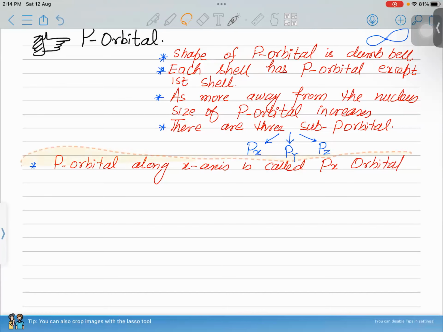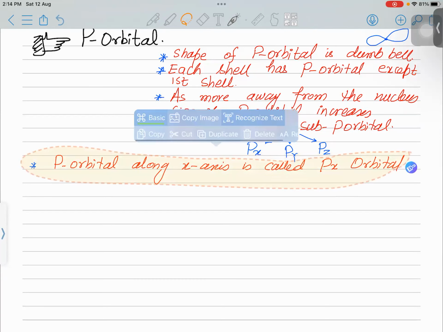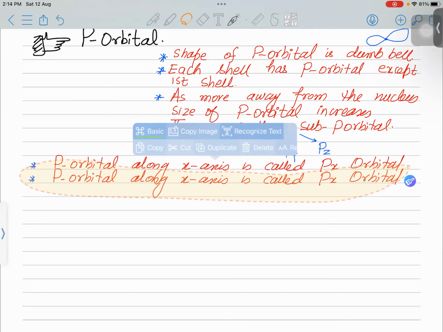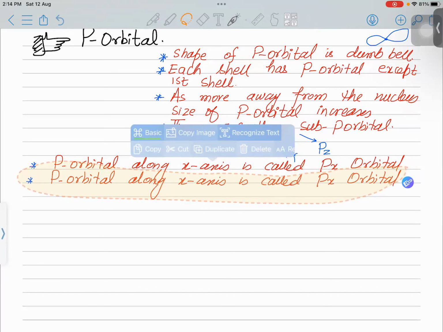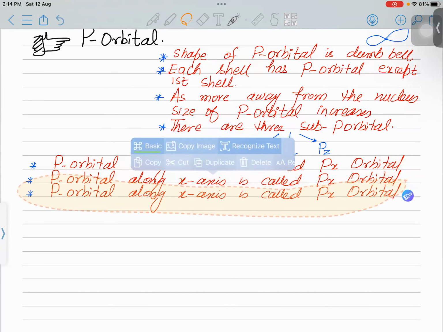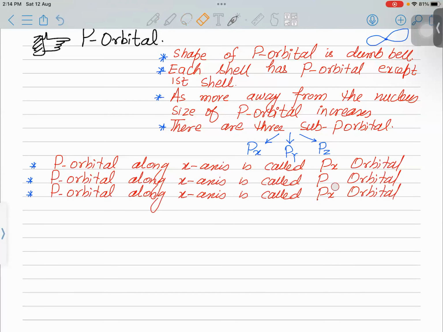Similarly, the orbital along the y-axis is called py. The orbital along the z-axis is called pz.